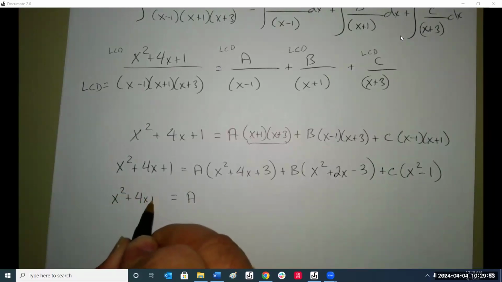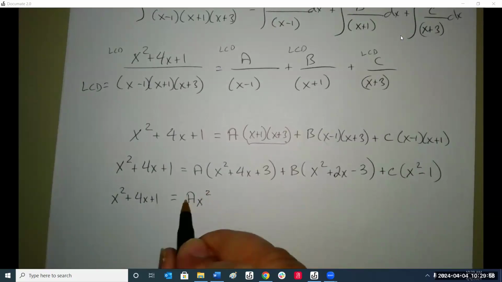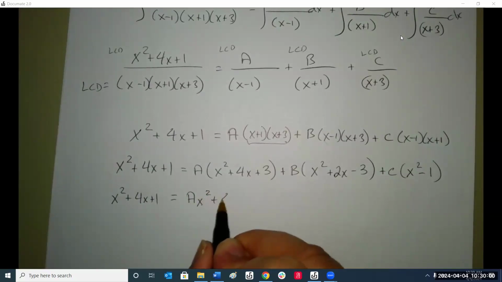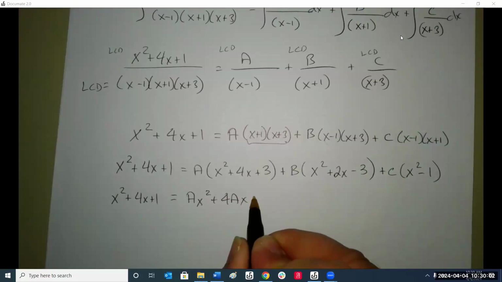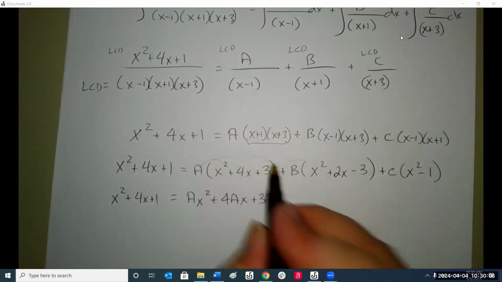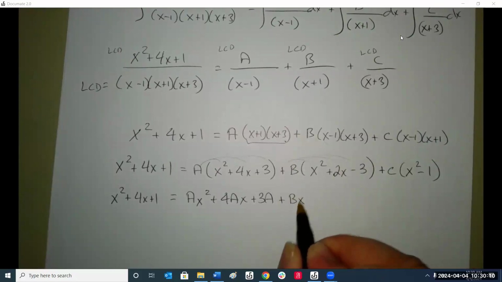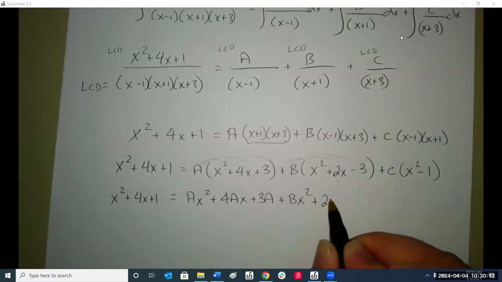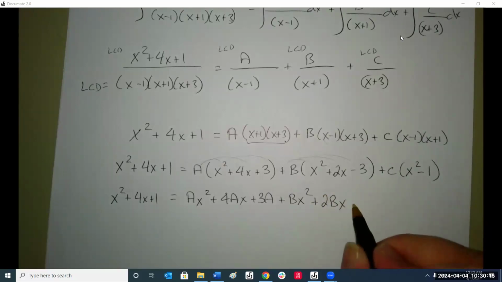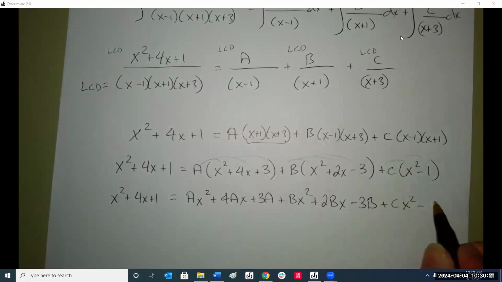Distribute, get rid of the parentheses. So we have ax squared plus 4ax plus 3a. Same thing with this one. Get plus bx squared plus 2bx minus 3b plus cx squared minus c.